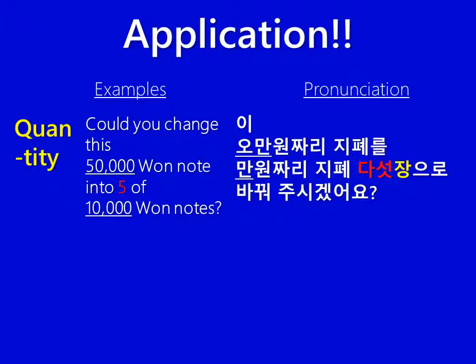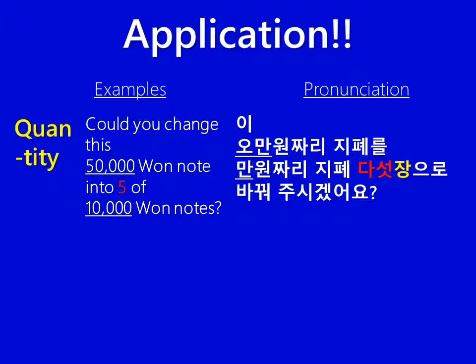So in this case, we use Sino-Korean number system. So 5만 원, 만 원, like that. But for the number of these paper notes, you say in native Korean number system. 이 5만 원짜리 지폐를 만 원짜리 지폐 5장으로 바꿔주시겠어요?